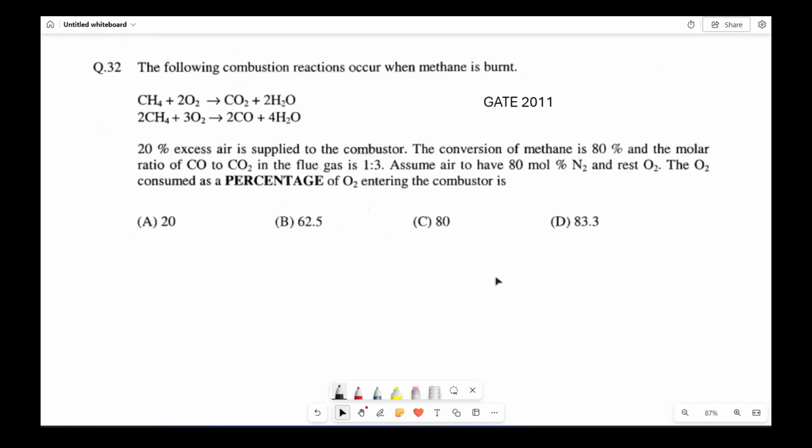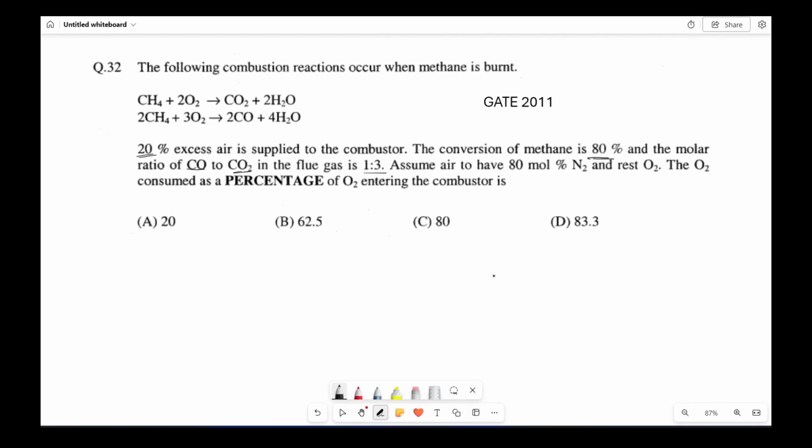So this is another question. This is a GATE 2011 question. This question says that the following combustion reactions occur when methane is burnt, and 20% excess oxygen is supplied to the combustion. The conversion of methane is 80%, and the molar ratio of CO to CO2 in the flue gas, which is the outlet, is 1 is to 3.